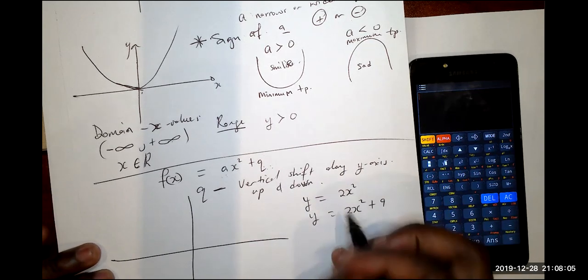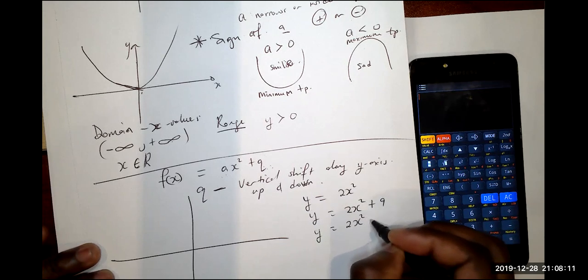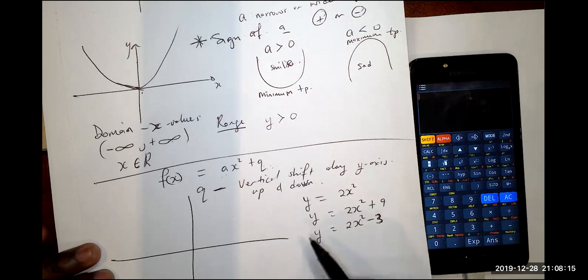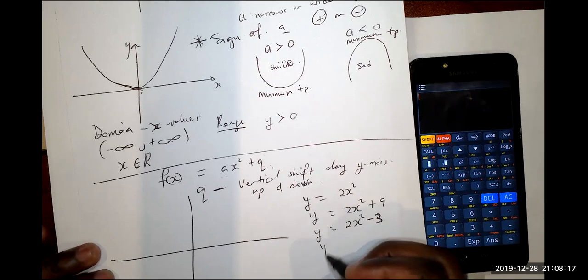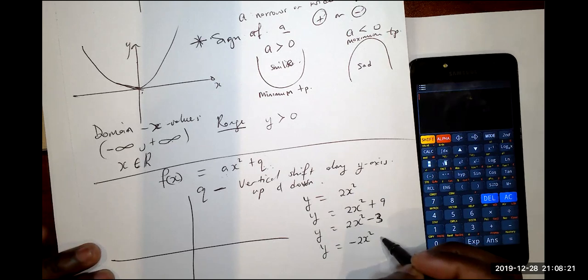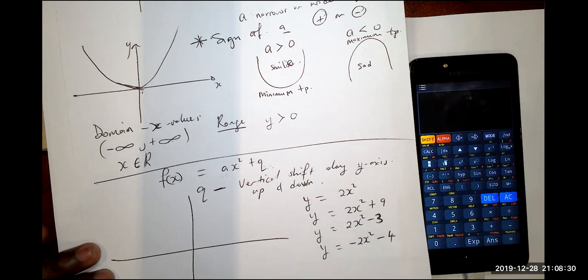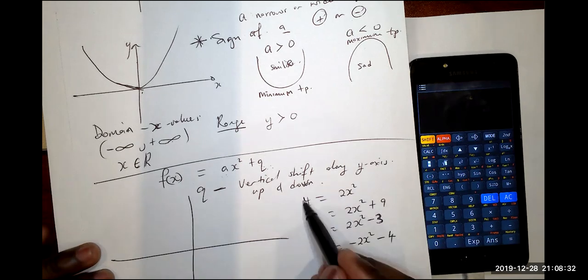Then the other one is y is equal to 2x squared minus 3. Then the fourth one, let's just say y is equal to negative 2x squared minus 4.